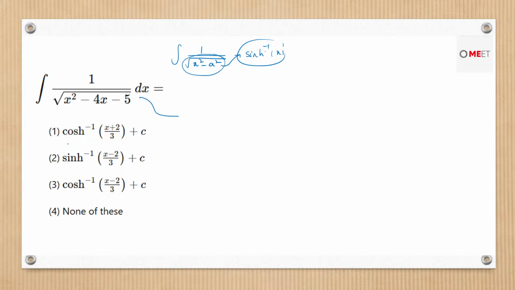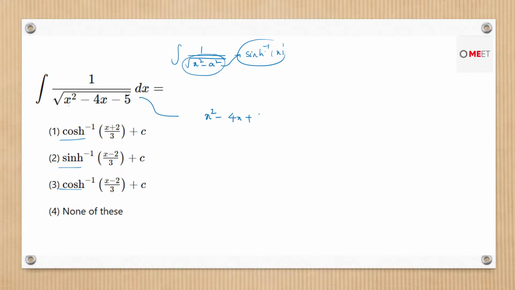So as you can observe here, this is sine or cosine inverse hyperbolic. So here this can be converted into square, that is x square minus 4x, that is, this would be 2 into 2 into x plus b square.